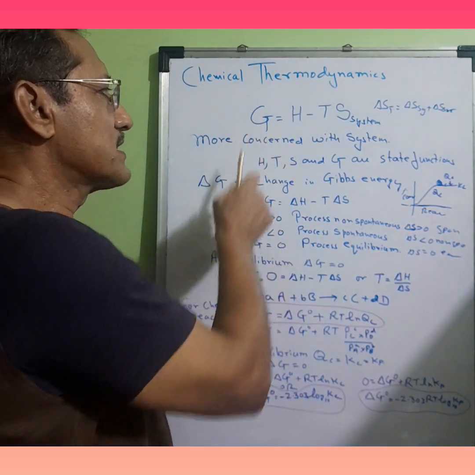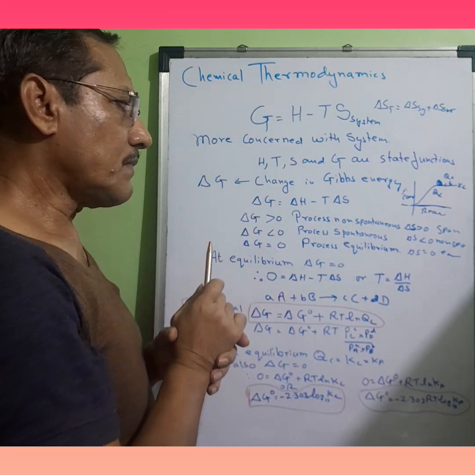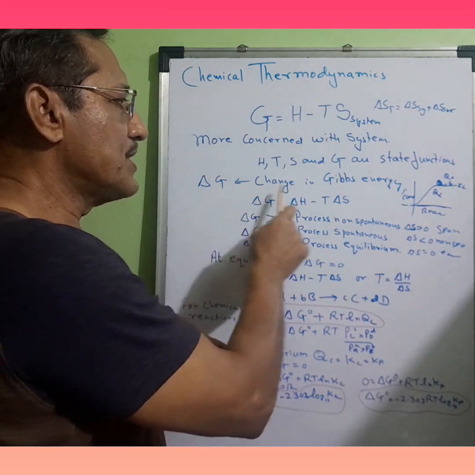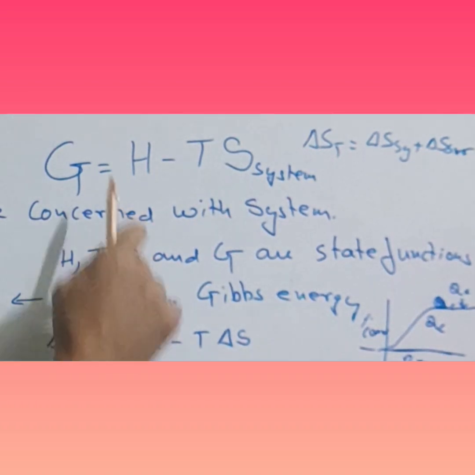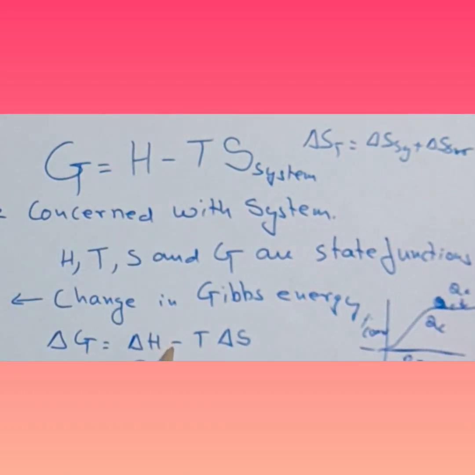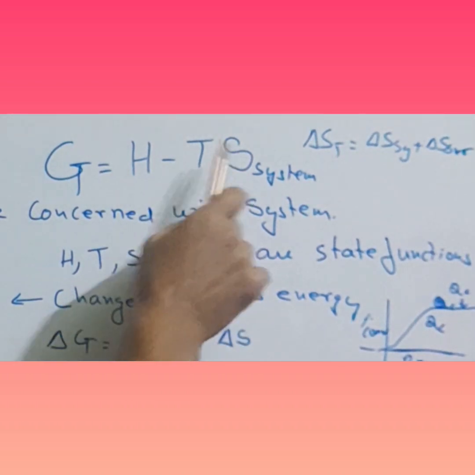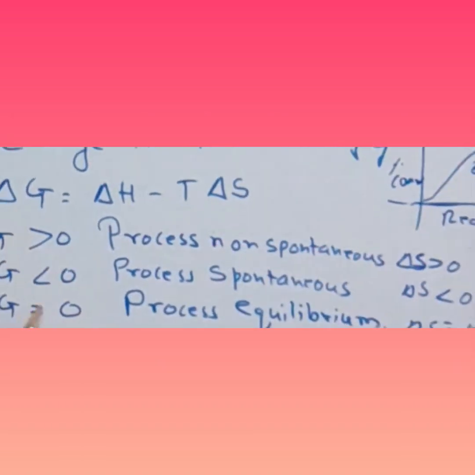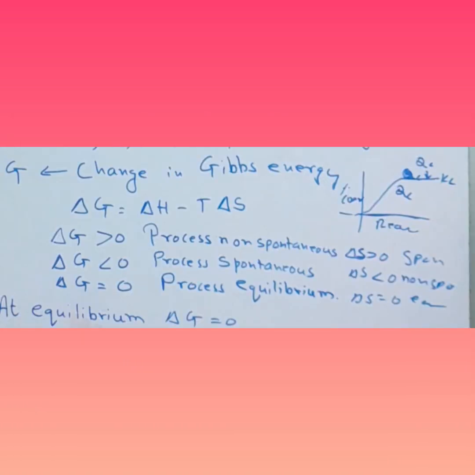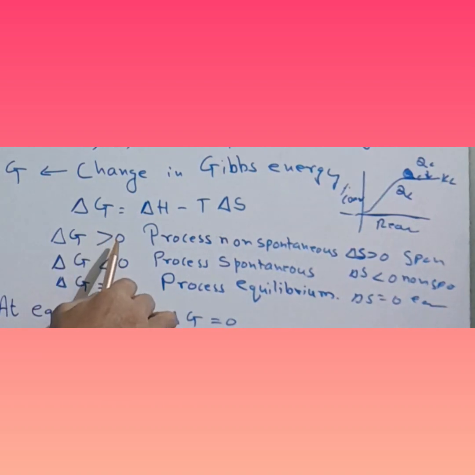Now del G is obviously the change in Gibbs energy. Del G is equal to del H, the difference in enthalpy, minus T del S, the difference in entropy of the system. Got it? These are all the parameters that you have got to keep in mind always. When del G is greater than 0, the process is non-spontaneous.